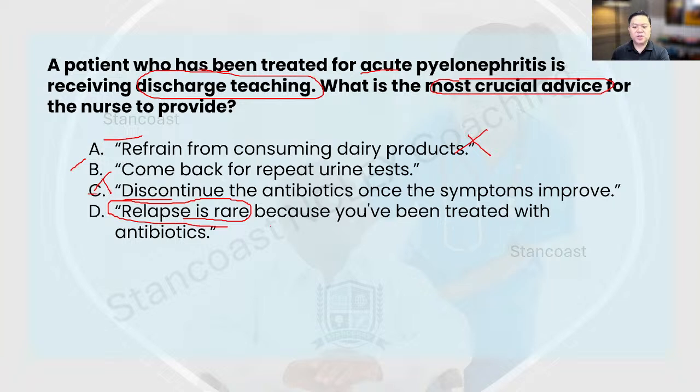Another thing you need to be careful about when checking the question is absolute statements, especially terms like never, always, or rare. Those are clues that can really help you identify that an option is incorrect, because these are absolute terms.